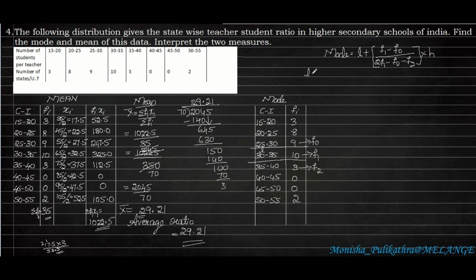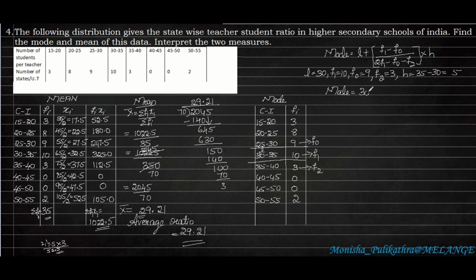So here L, the lower limit, is 30. F1 is 10, F0 is 9, F2 is 3 and H, the class size, is 35 minus 30, that is 5. So now we need to substitute all the numerical values into the formula.